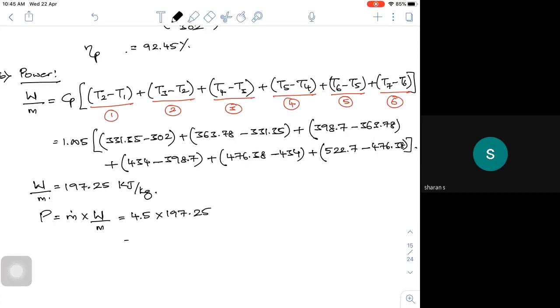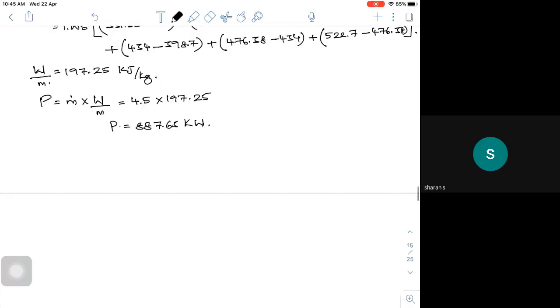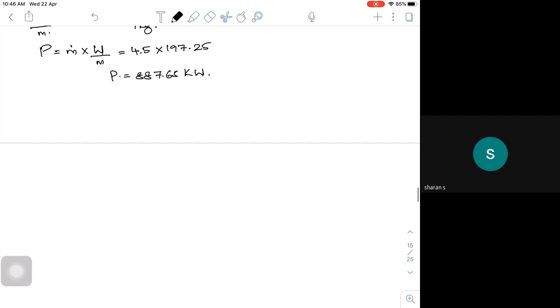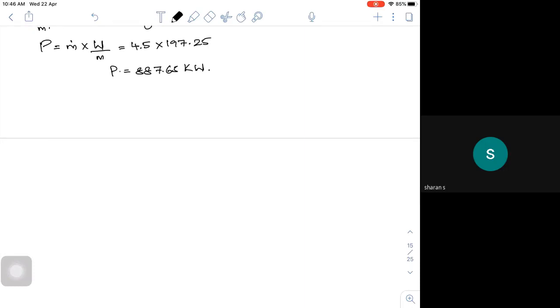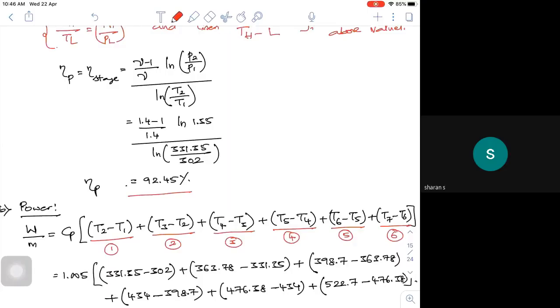If I do that, I am getting around 887.63 kilojoules per second, that is kilowatts. This is the power value I am getting. So we are supposed to calculate the polytropic efficiency, and the power requirement.